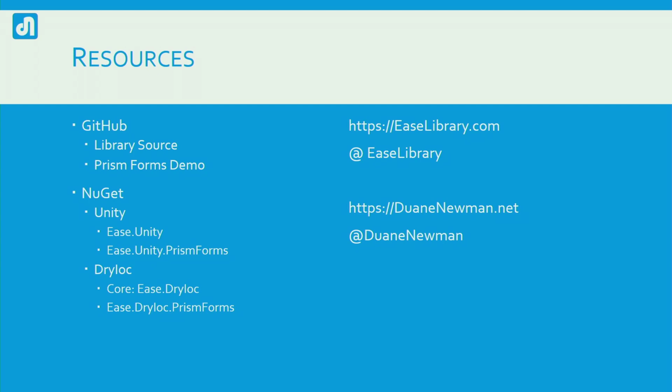Maybe you don't want to use Ease itself, but you can take a look at that and see how the underpinnings work, and be able to take that and use it in what you're working on. And there's a Prism Forms demo there that demos a lot of the functionality that's in it right now, not just for Prism Forms, but all the functionality that it does is in there. So you can take a look at those things and see.